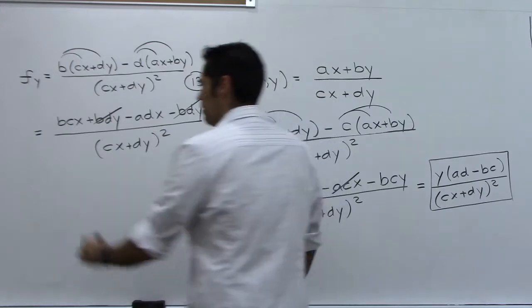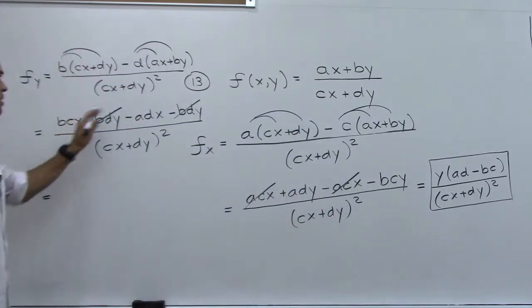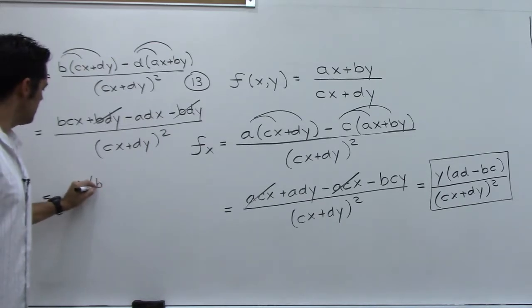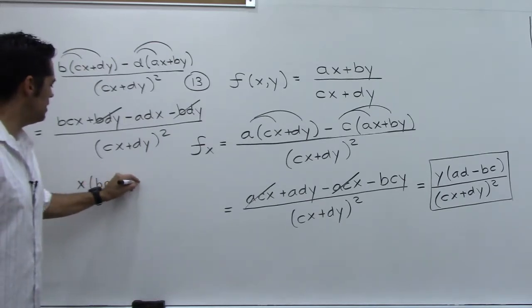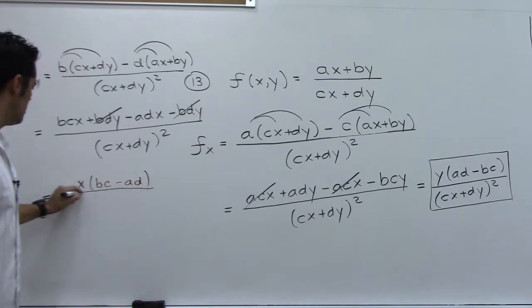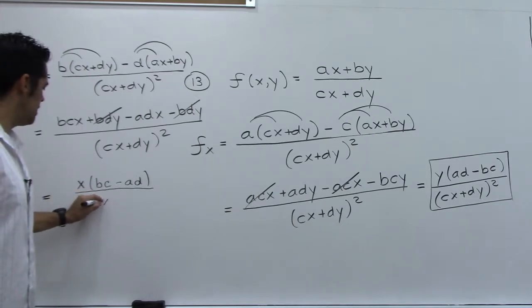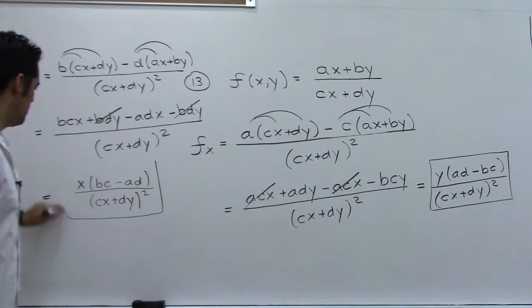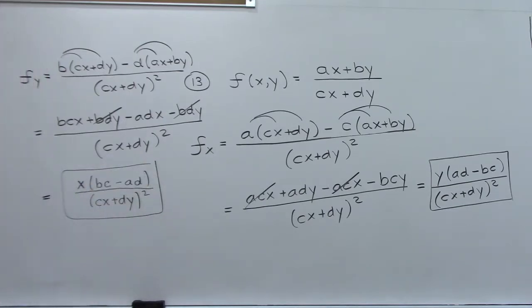So we just have on the top this minus this, but they both have an x, so I can pull the x out. bc minus ad over on the bottom cx plus dy quantity squared. There we go. So that's number 13.